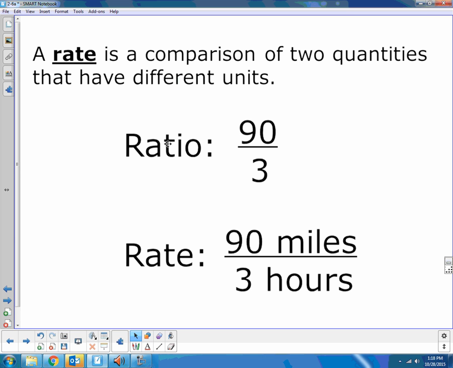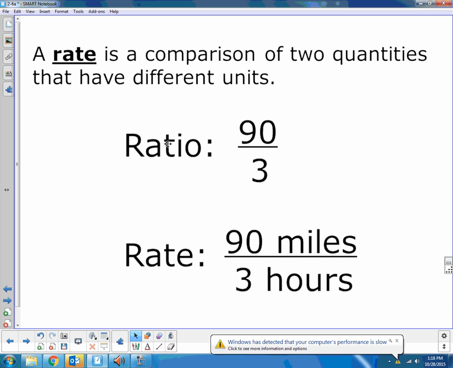A rate is 90 miles to 3 hours. So a rate is how fast you're going, or how often something happens, or how many students to teachers. What's the student to teacher rate? And that has a label on it. So a ratio is just two numbers. A rate has a label that goes with it.